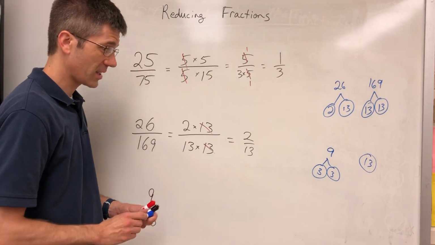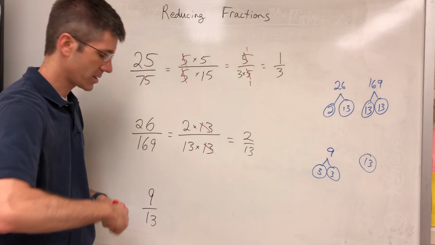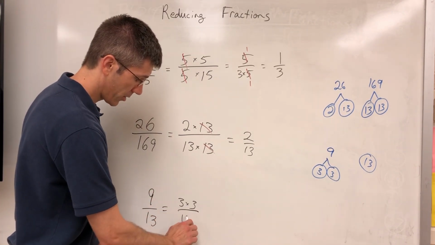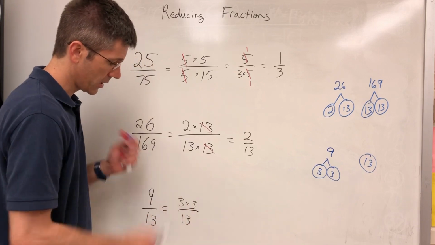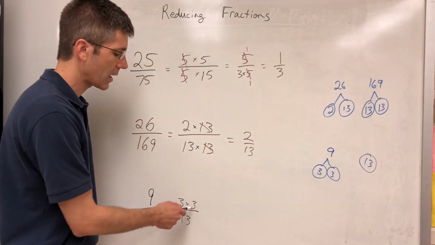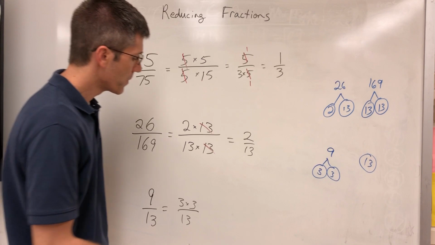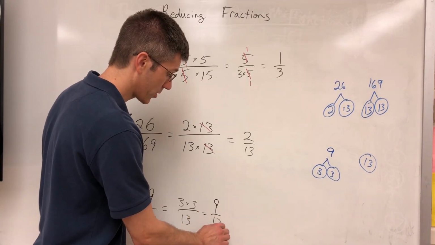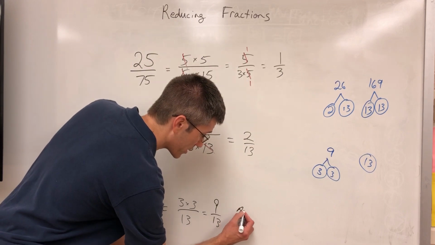So this is kind of a waste of time, but I'm going to write it anyway. I have 3 times 3, and I have 13, and then nothing cancels. No, I can't cancel a 3 with that 3. That's just wrong. So I can't do anything, and so it's 9 over 13.